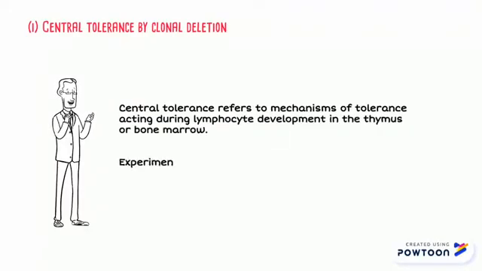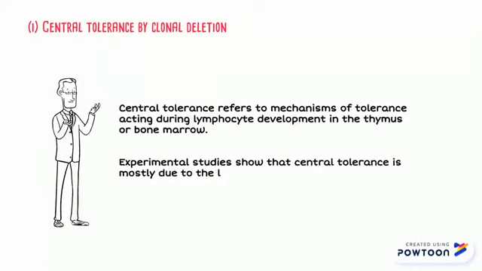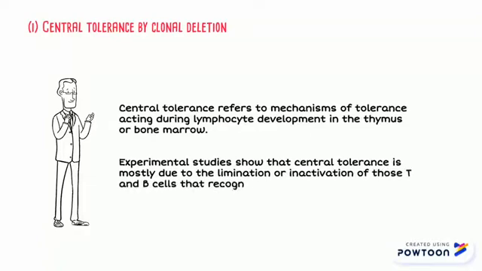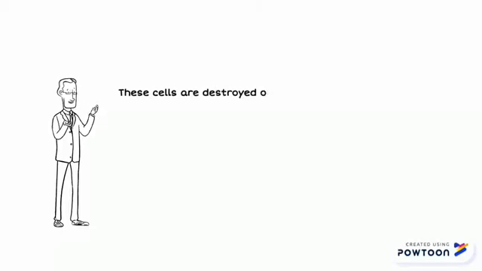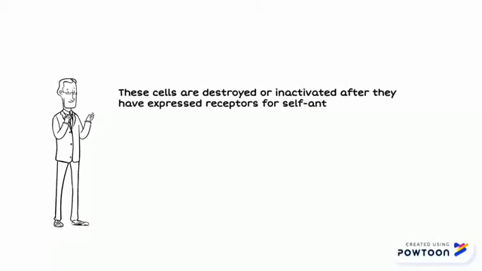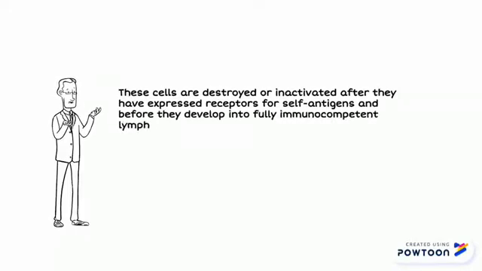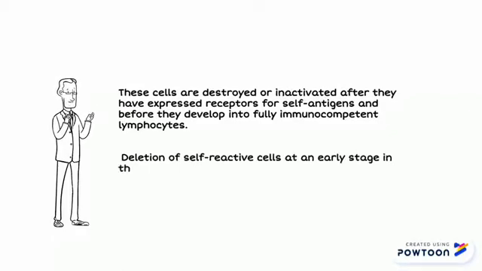Experimental studies show that central tolerance is mostly due to the elimination or inactivation of those T and B cells that recognize self-antigens. These cells are destroyed or inactivated after they have expressed receptors for self-antigens and before they develop into fully immunocompetent lymphocytes. Deletion of self-reactive cells at an early stage in their development has been termed clonal abortion or clonal deletion.